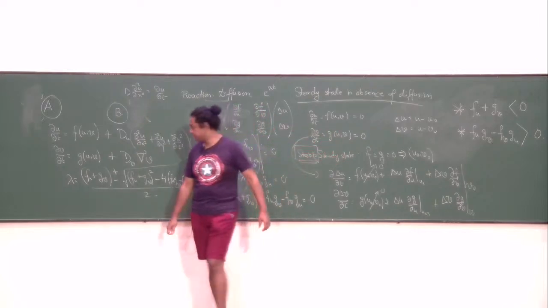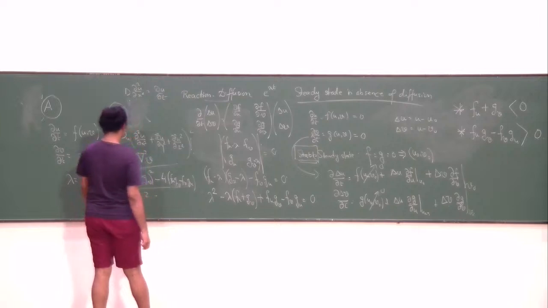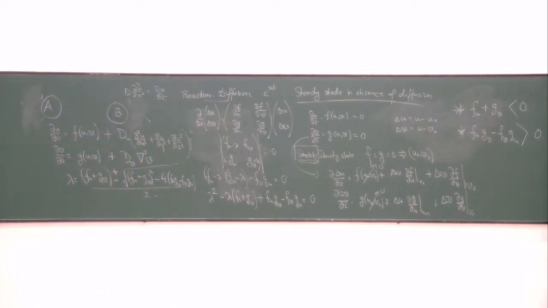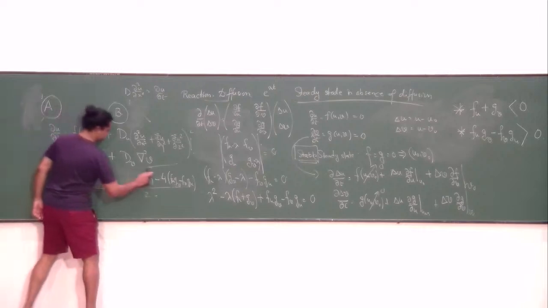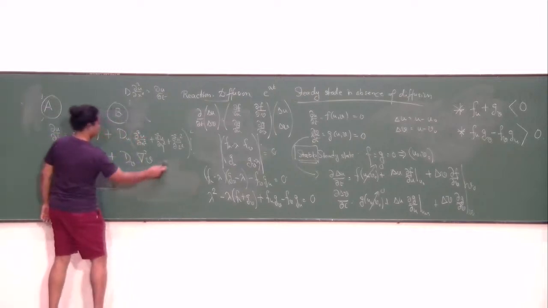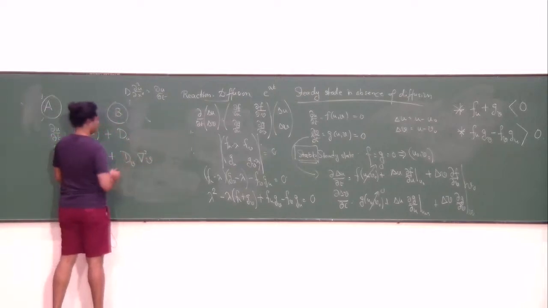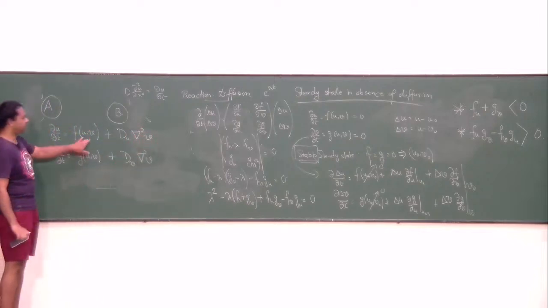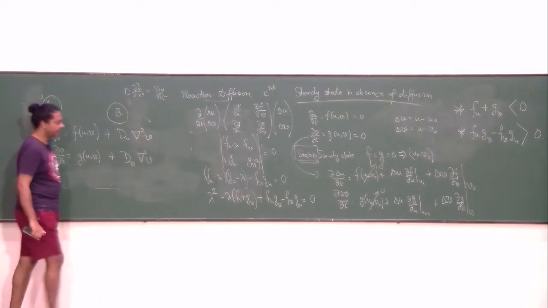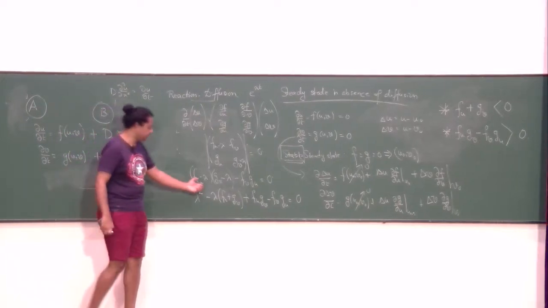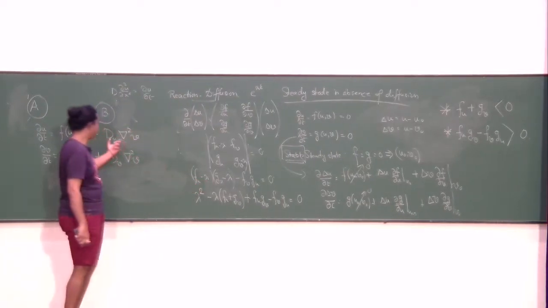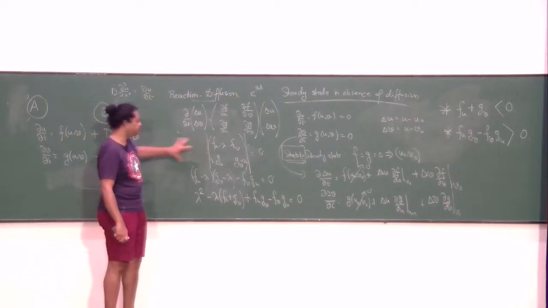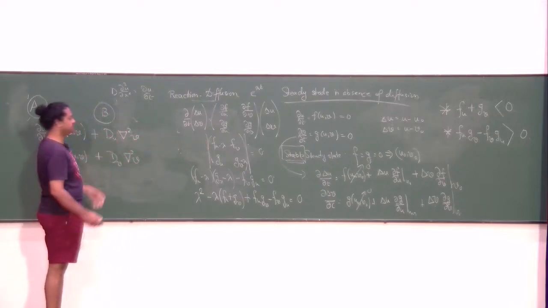And therefore what we are going to do is to now look back at this equation that I have. It is this. Where I have the chemical kinetics plus I have the diffusion. And again, I now want to find the eigenvalues in the presence of this diffusion term. I found it in the absence of diffusion. Now I want to do the same thing in the presence of diffusion.